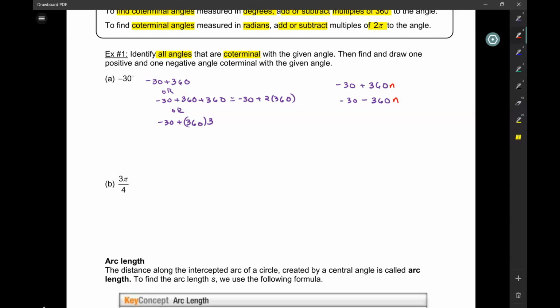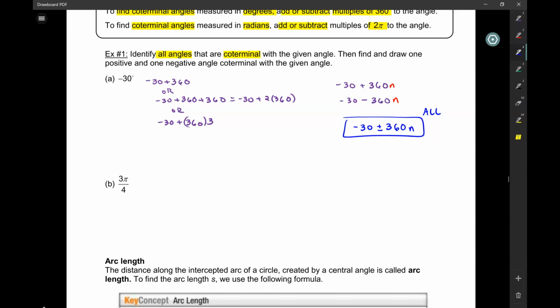That's too much writing to write those two lines in the end, so I can condense it into plus or minus, and I could just say negative 30 plus or minus 360n. So these are all of the coterminal angles. This is telling me take 360 and add as many 360s as you want, or subtract as many 360s as you want. Okay, so those are all of the angles coterminal with a given angle.